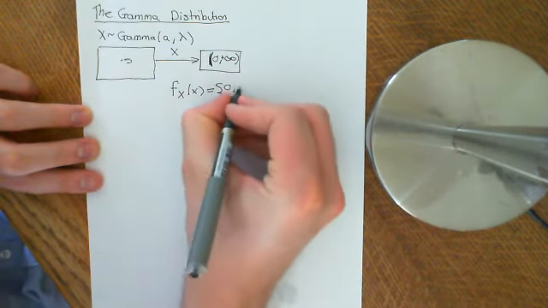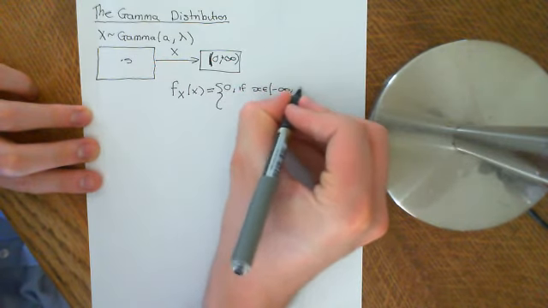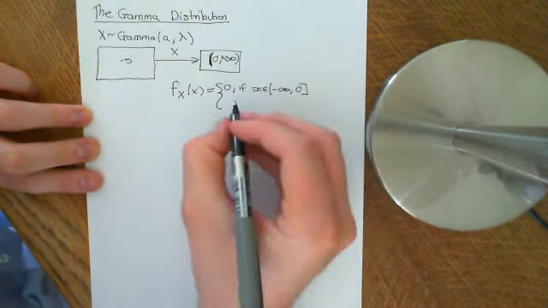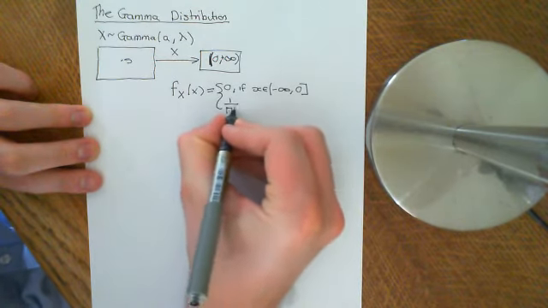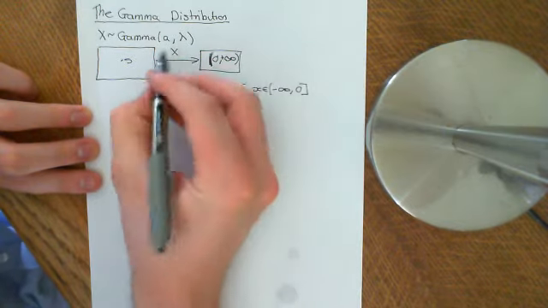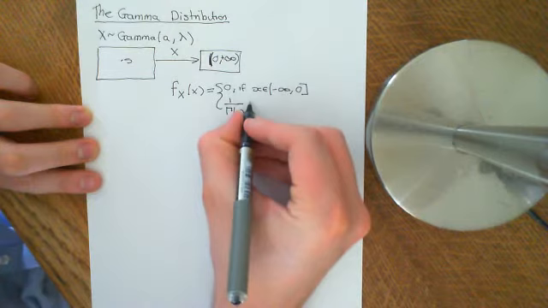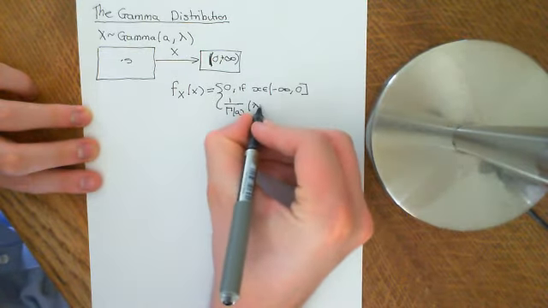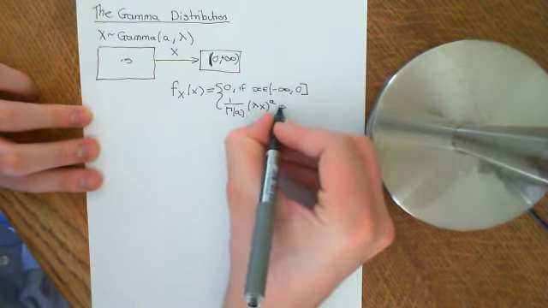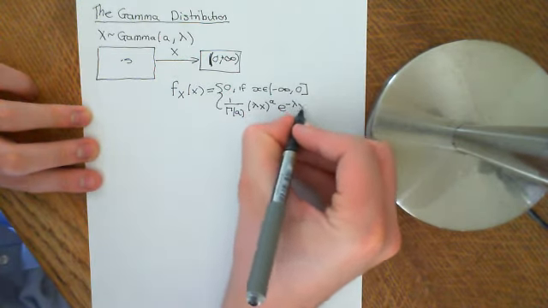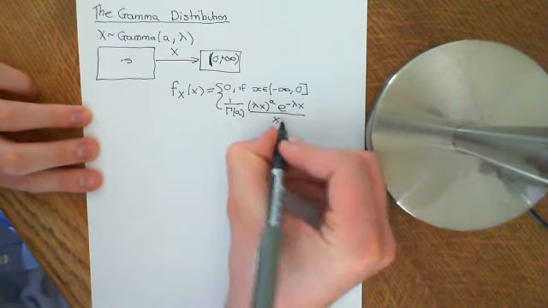It's going to be 0 if x is an element of negative infinity to 0, including 0, and it's going to be equal to 1 over gamma of a, where that's the gamma function evaluated at this value a, times lambda x to the power of a times e to the negative lambda x, divided by x there.